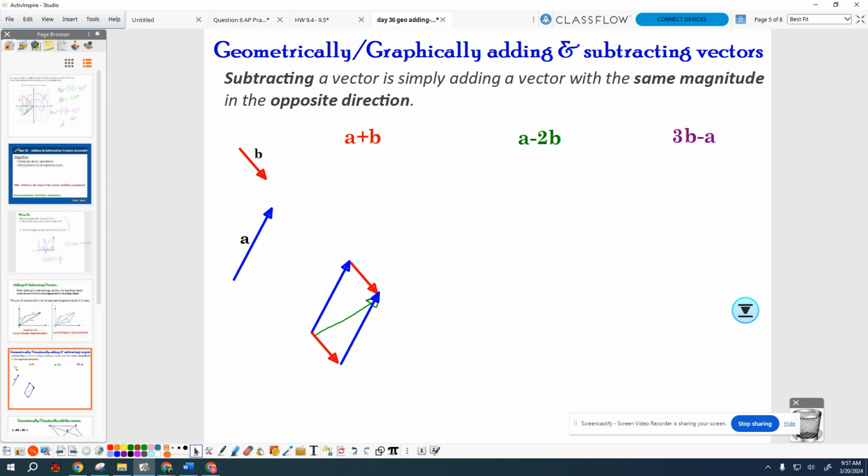Rafael, you want to do this one? What do you think negative B means? Negative B means going the other direction. Okay, yes. You just grab it.